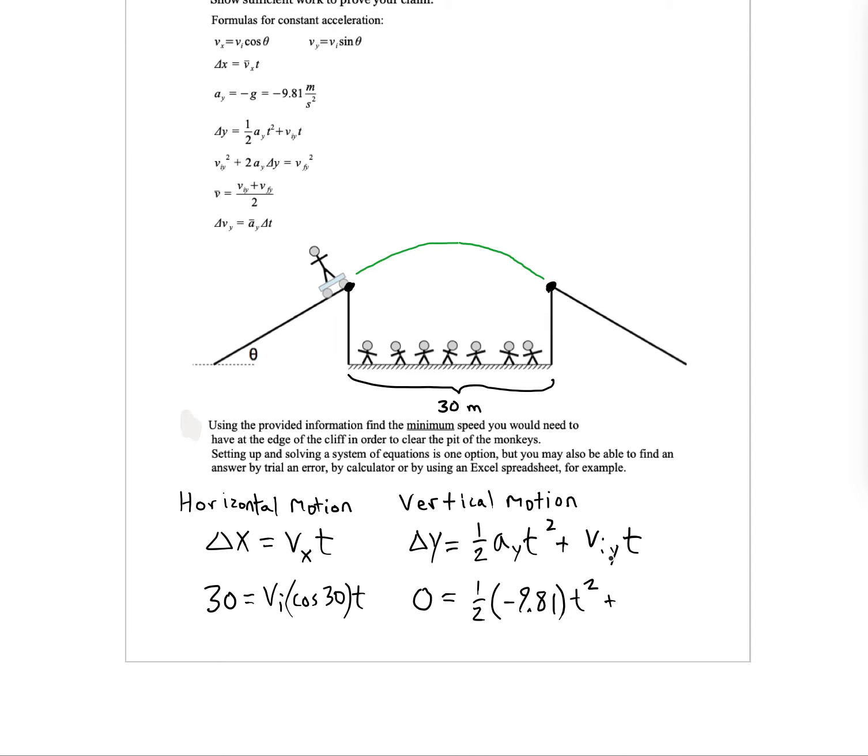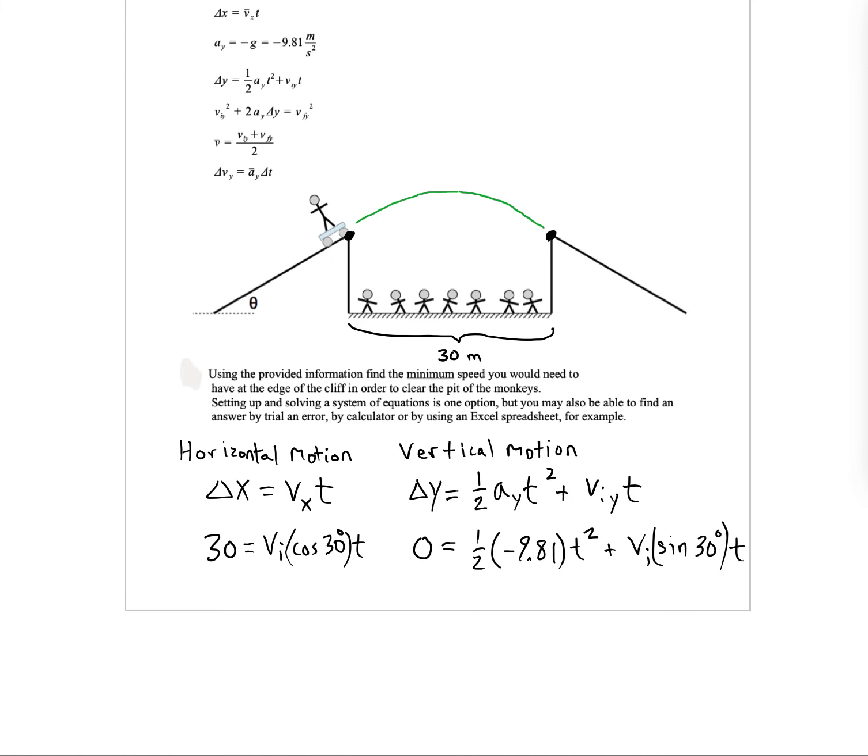And then in place of Viy, I'll do Vi sine of the ramp angle. And the great thing is you've got two equations and two unknowns, so it's solvable.